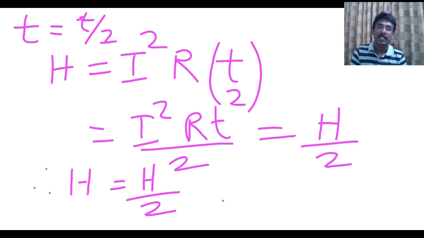Then the time of flow of current became half of that in the previous case. Then what happens? There is no change in R and I. Then H equals I square RT by 2. Then we can say H became H by 2, that is, H became half of the first case.